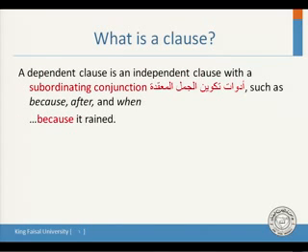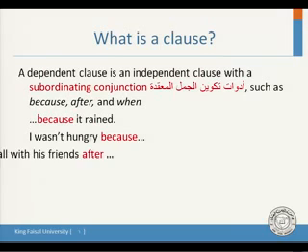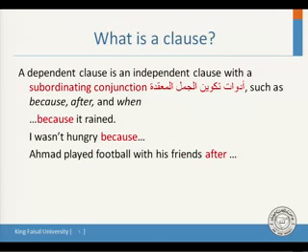Because it rained, dependent clause. Child. I wasn't hungry because. Ahmed played football with his friends after. All these examples are not complete sentences. They are dependent clauses.